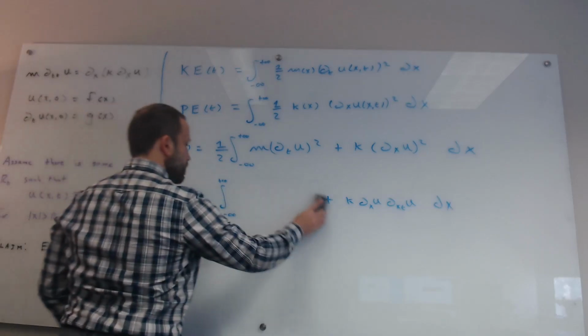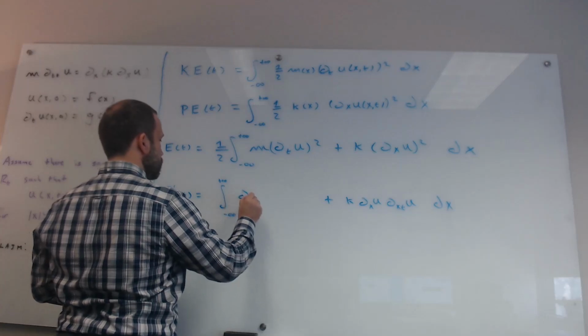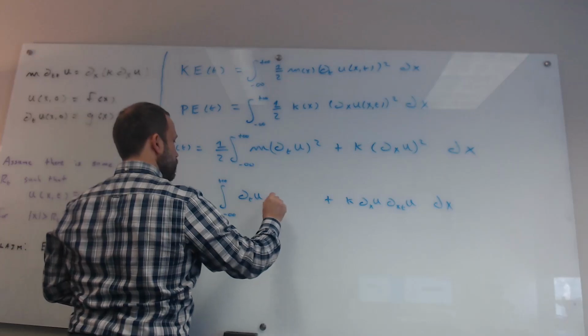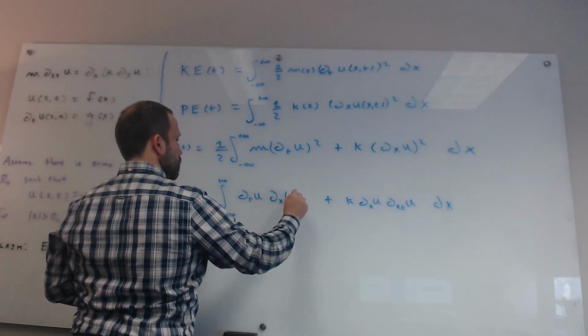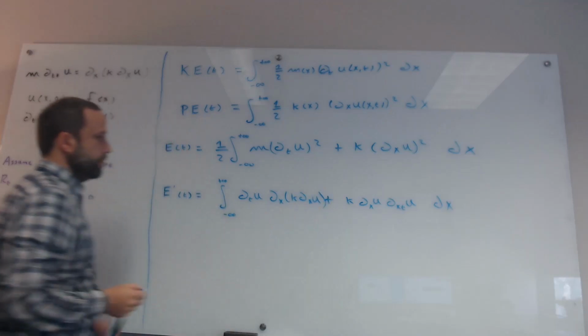So I'm going to get rid of that, and we're going to have the t derivative of u still, times the x derivative of k times the x derivative of u.